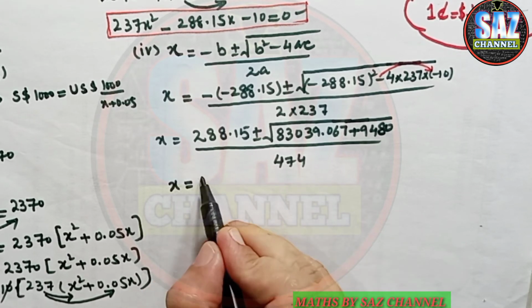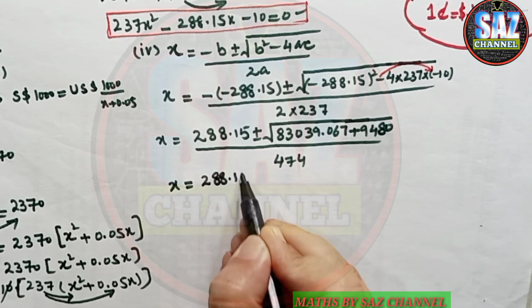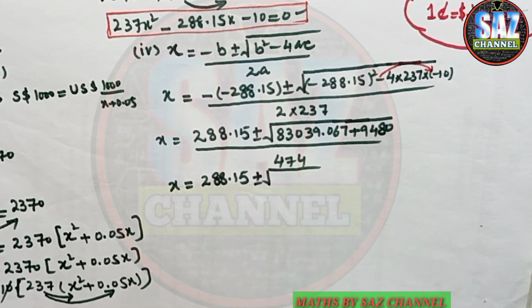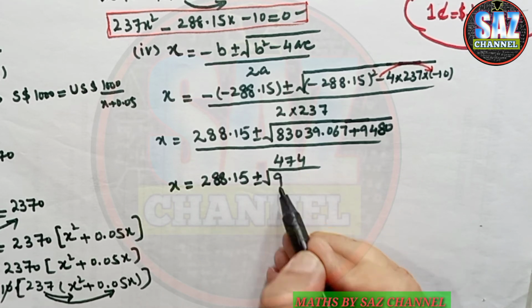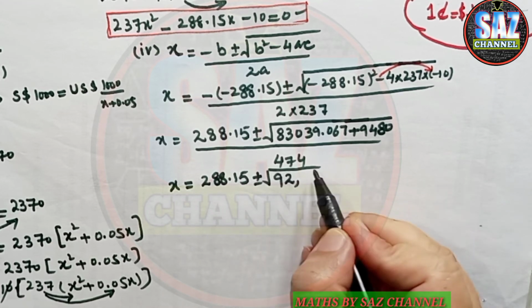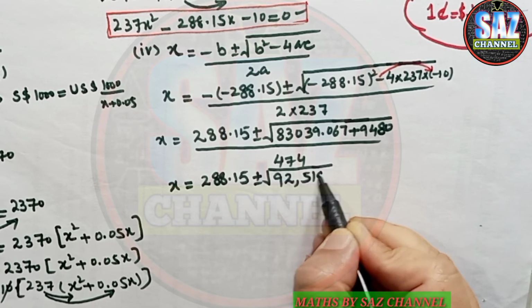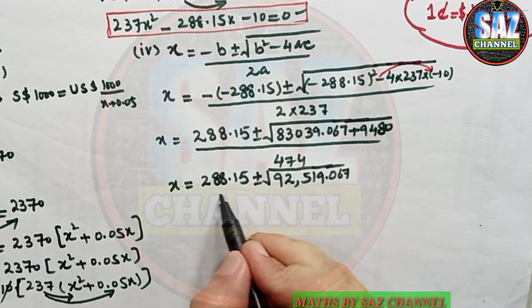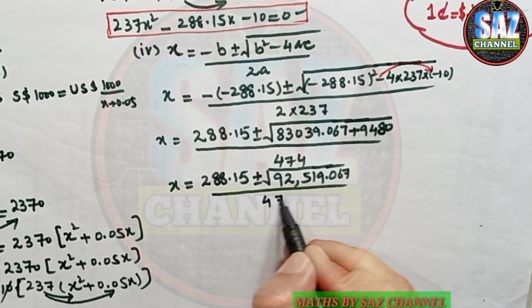x equal to 288.15 plus minus, find this sum carefully. 83039.067 plus 9480 gives us 92,519.067 upon 474.